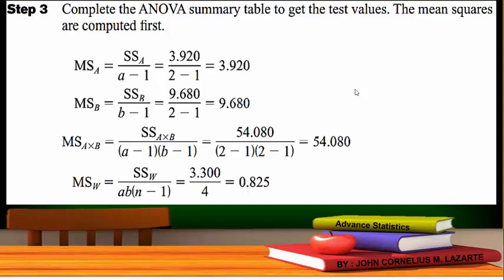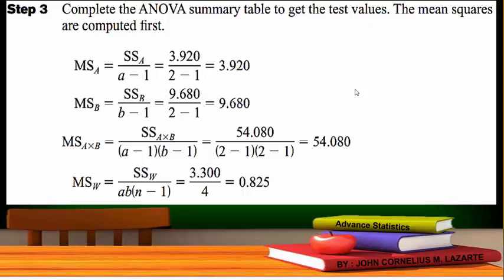9.68. And for the mean square of the interaction between A and B, we get the sum of the squares of the interaction A and B divided by the quantity A minus 1 times quantity B minus 1. Substituting the given values for this formula, we obtain 54.080.